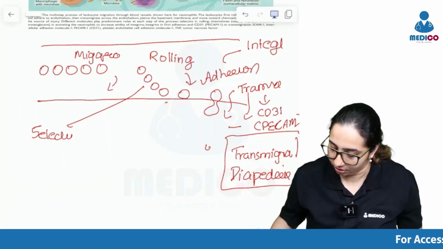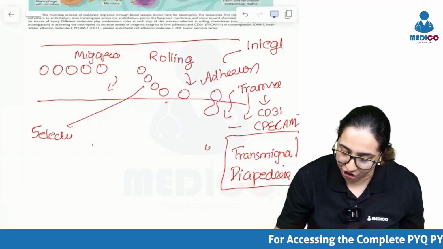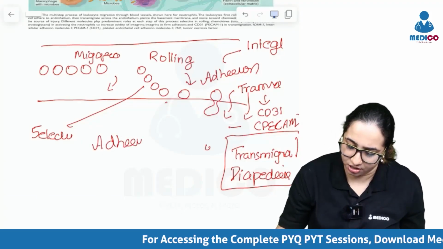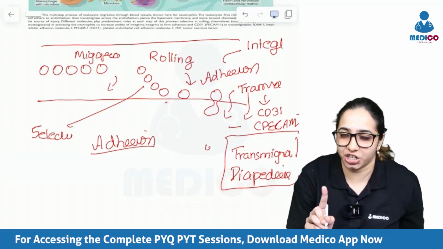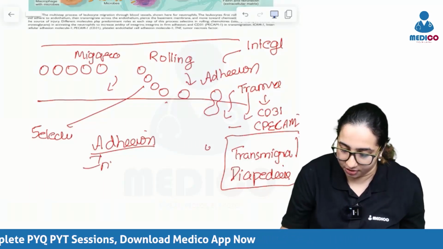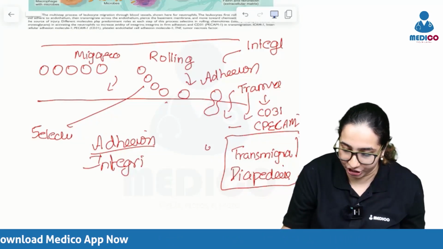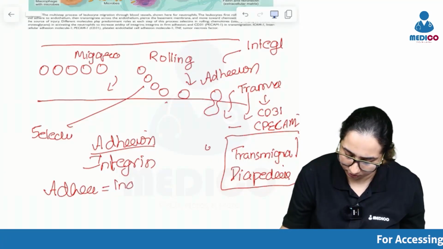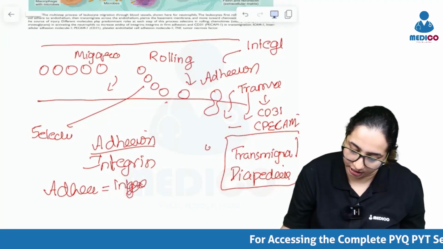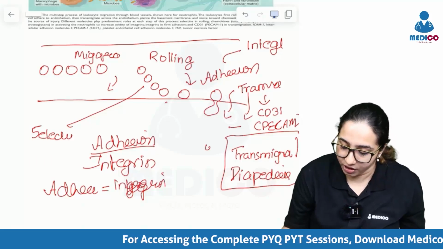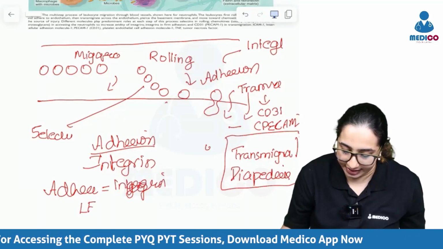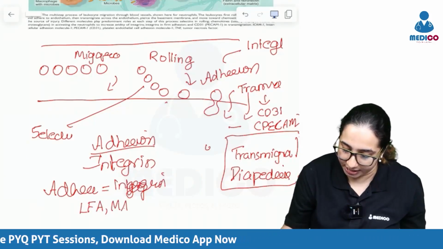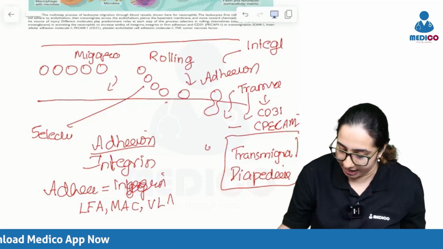Moving on, we have adhesion. Now, when you see the word adhesion, remember integrin. Okay, adhesion is equal to integrin. And you have some particles known as LFA, MAC, VLA.